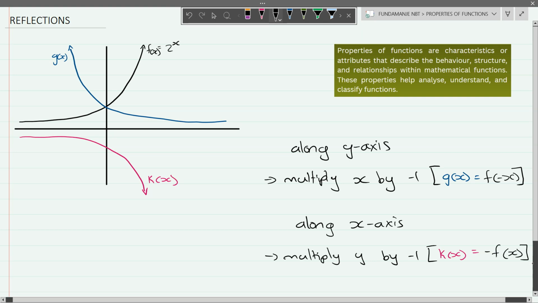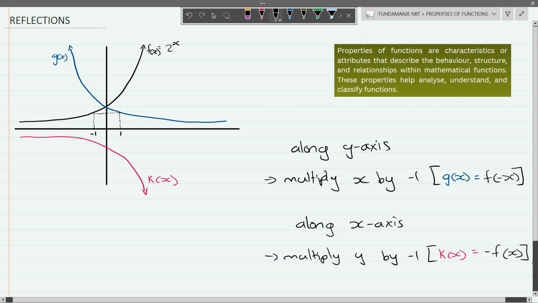And we can see that if we pick, let's say, x is equal to 1 on this function over here, or -1, this corresponds to the same value on the reflected function, except now the value is +1.